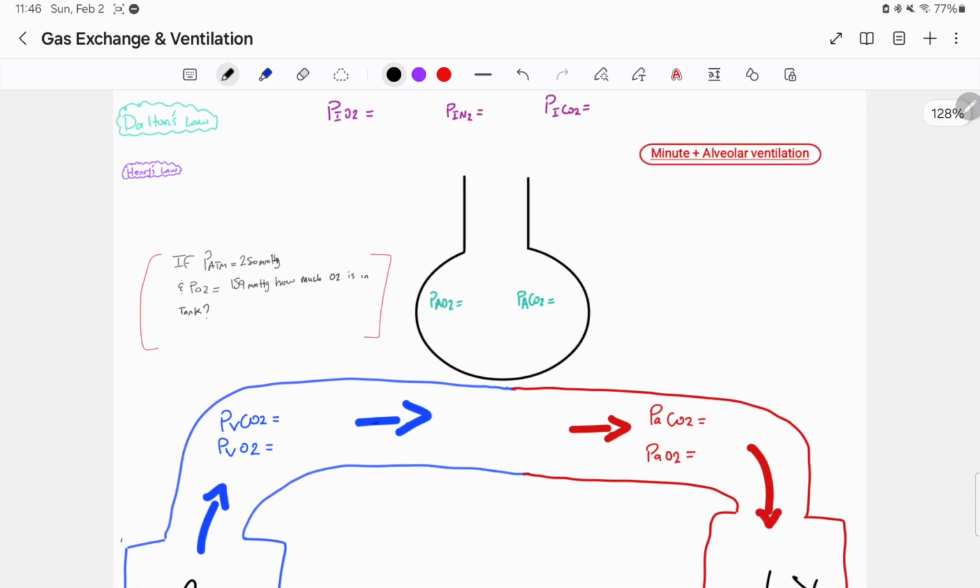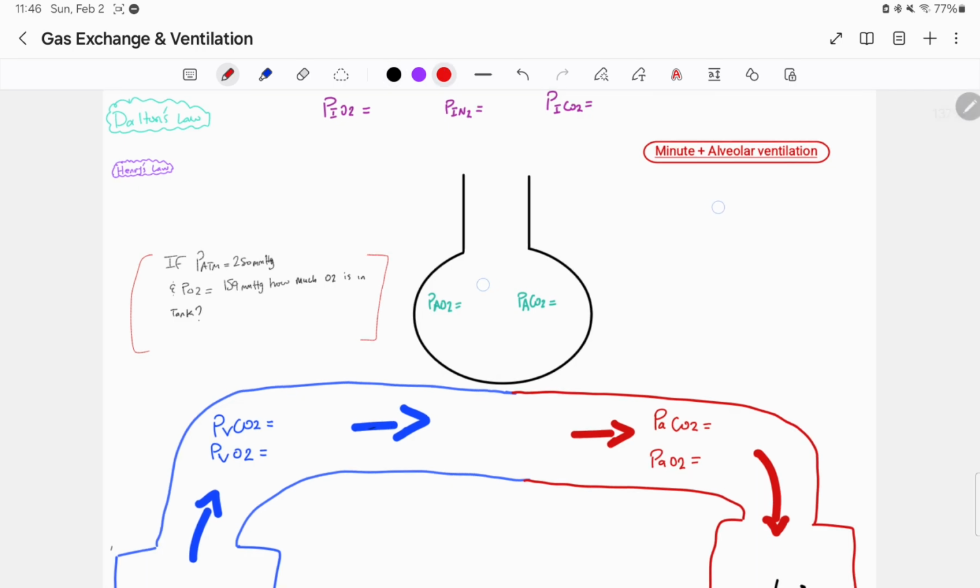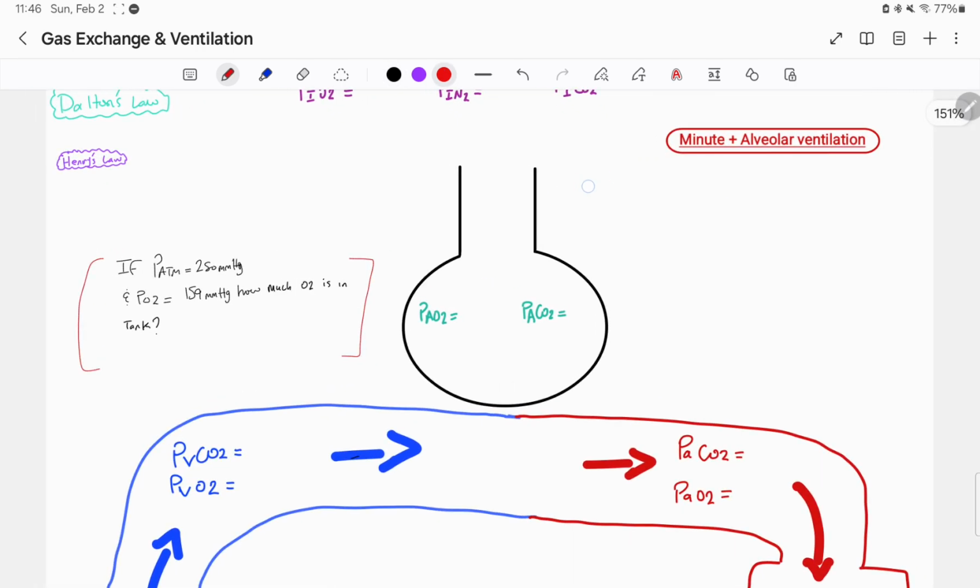So how much air gets into the alveoli? You remember that in a quiet inspiration, you had 500 mLs of tidal volume. You breathe that in, but does all of that air get in? If you're saying no, then you're absolutely correct.